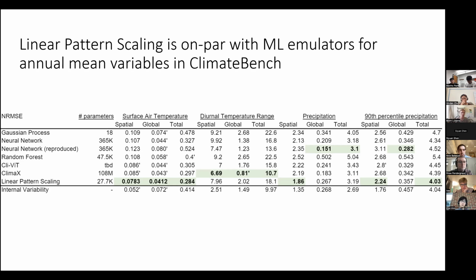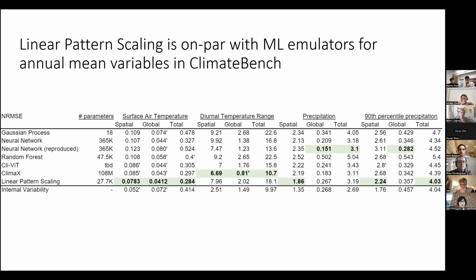For predicting global patterns, the distinction here is what you can see in this table: there's a column for spatial and there's a column for global error. The spatial error is calculated by calculating the error per grid cell first and then averaging, whereas the global error is calculated by averaging and then calculating the error. So it evaluates the global bias.